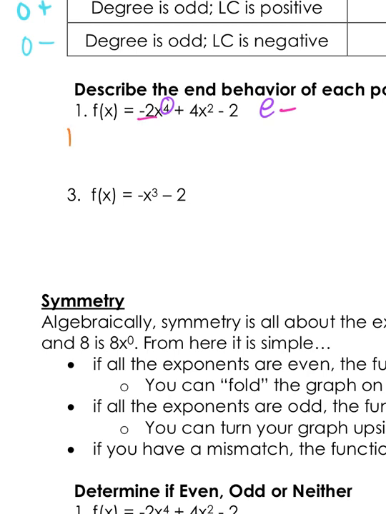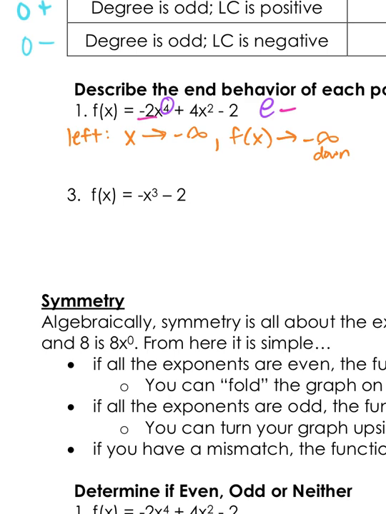On the left, we say as x moves towards negative infinity, which means as x moves to the left, f of x, or as we usually say, y, moves to negative infinity, or in this case, down.